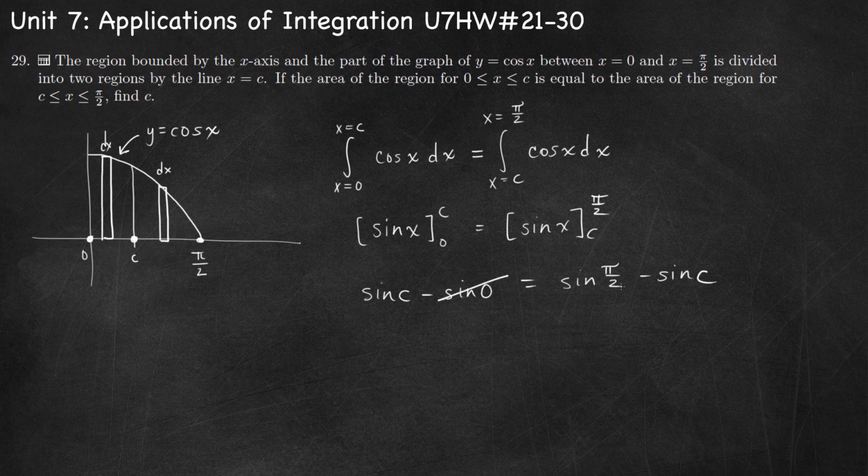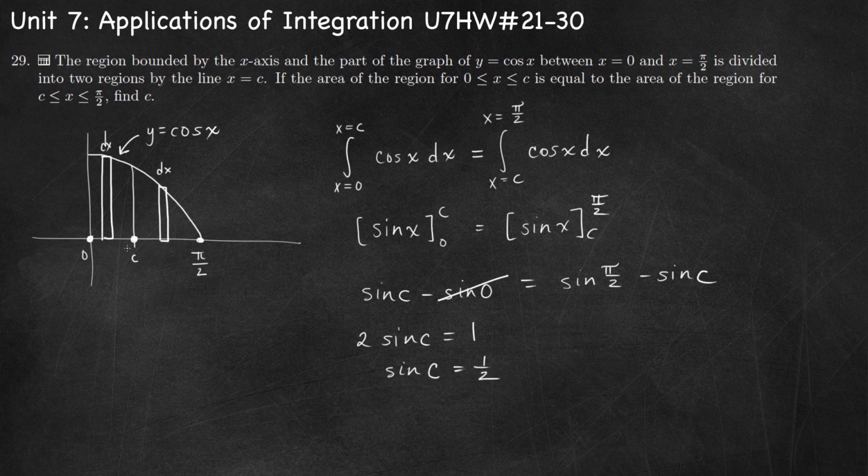Okay, so sine of 0 is 0. I can lose that. I can add the sine of c to both sides, and I end up with 2 times the sine of c equals the sine of pi over 2. The sine of pi over 2 is 1. So now I have the sine of c equals 1/2.